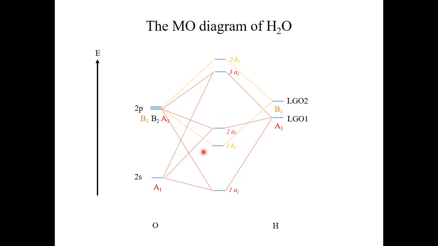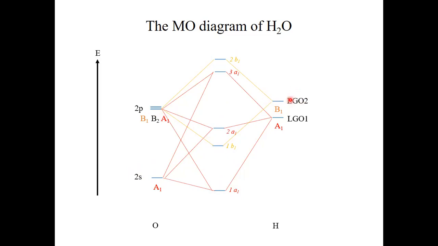It is also not entirely certain that this 1a1 has a lower energy than this 1b1, even though in this case you would strongly suspect this, because the 1a1 has contribution from the energetically very low 2s, while the 1b1 has not. It has only contributions from a 2p orbital and a ligand group orbital.